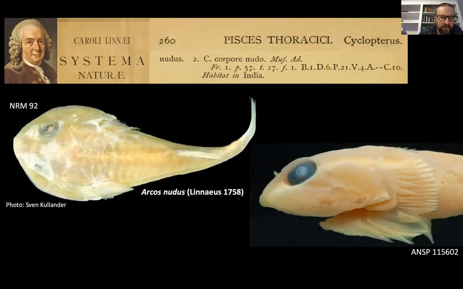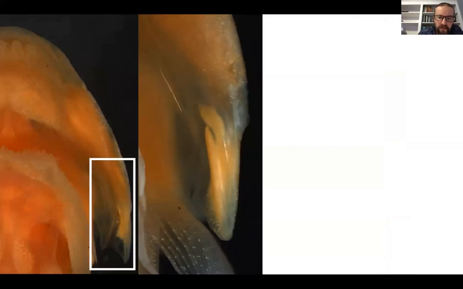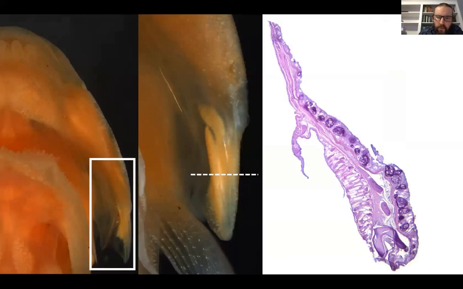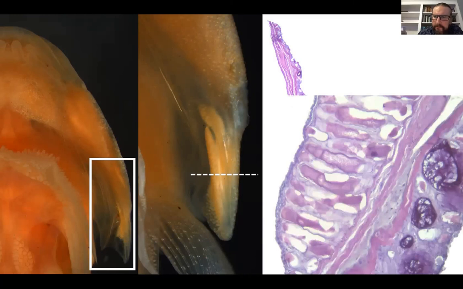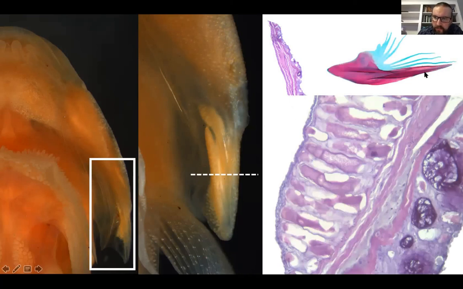And Gobiesox nudus, of course, was the first clingfish to ever be described, and that was by Linnaeus in 1758. When we look at Gobiesox nudus, we see the same modifications. We see a spine-like subopercular bone that's associated with a gland that contains these very large cells with a very large vacuole. And this cluster of cells is again associated with a very sharp spine-like subopercular bone.